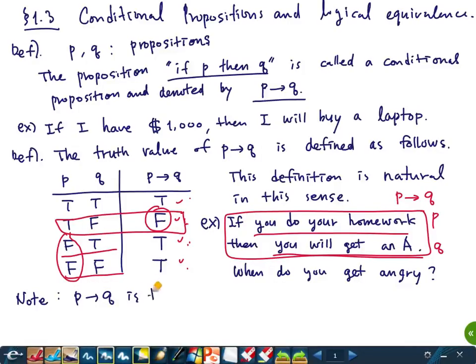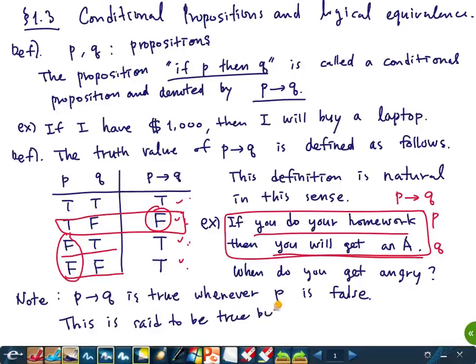This is true whenever P is false. Whenever P is false, it will be true. This is said to be true by default.